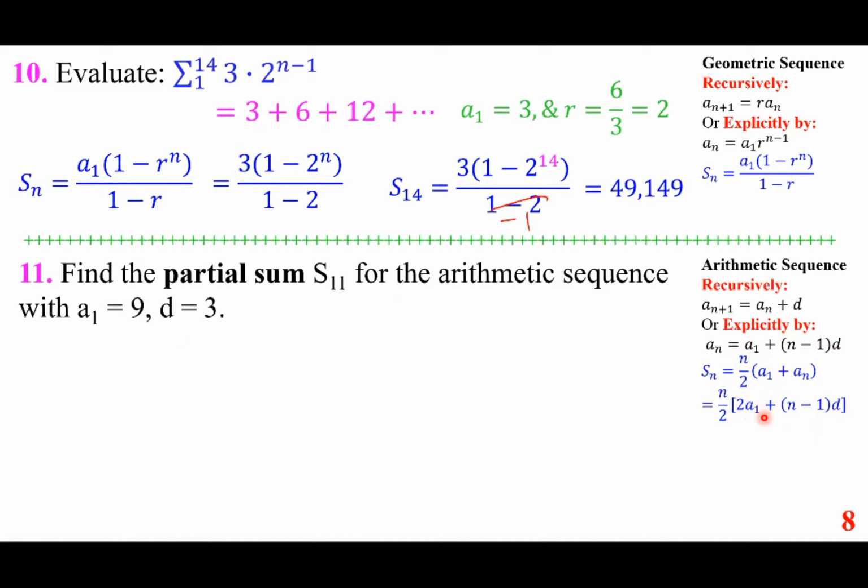And so let's plug in to this formula. A sub 1, replace it with 9, d, replace it with 3, and the n, replace it with 11. So this is your n, everybody.